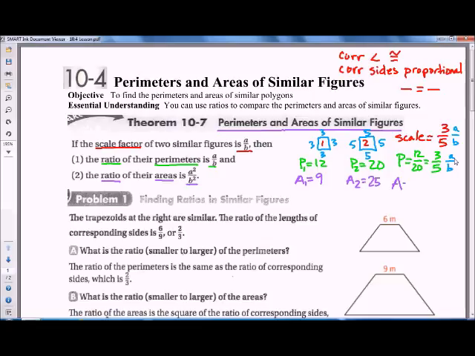So our area ratio is 9 to 25. Now be careful, this does not reduce. But if we look at this, this is A squared to B squared. Our A was 3, so 3 squared. Our B was 5, so 5 squared.